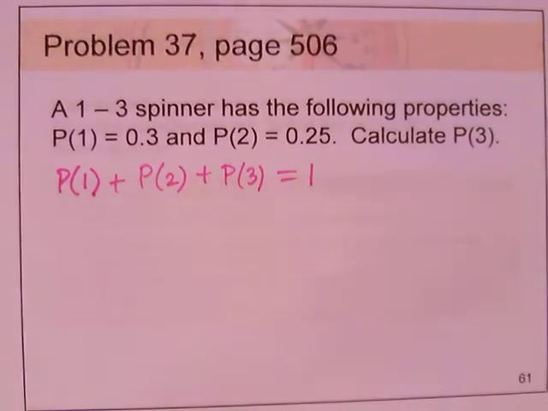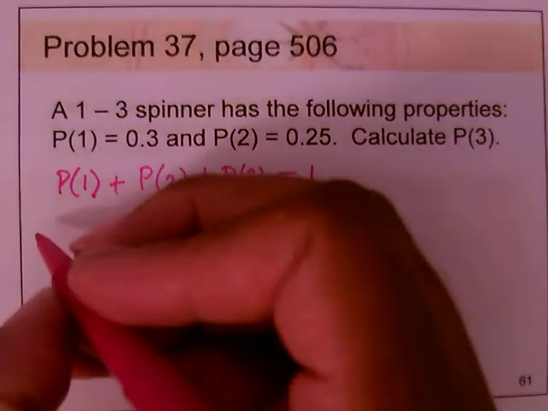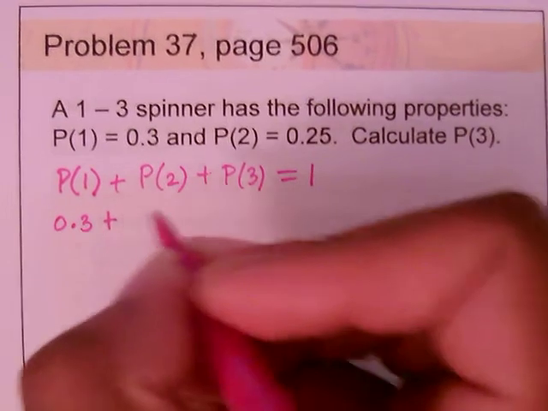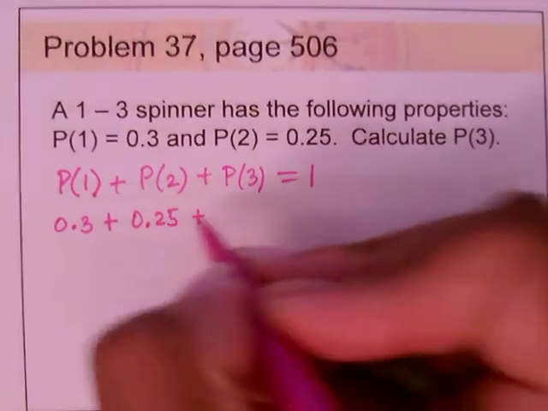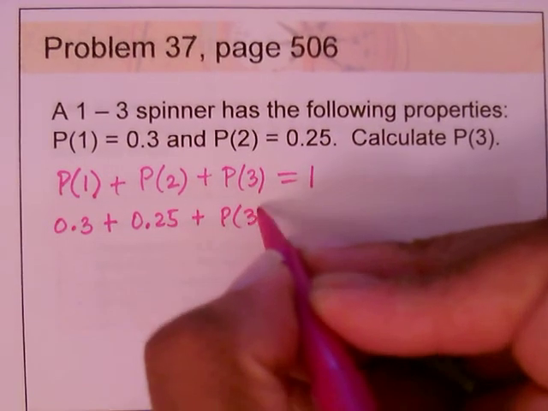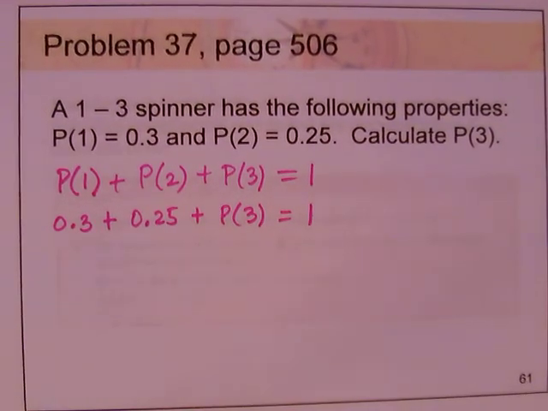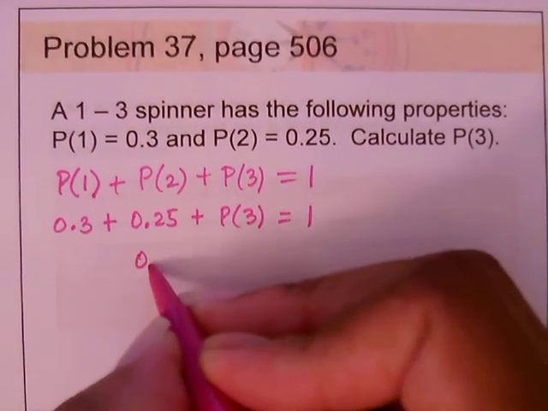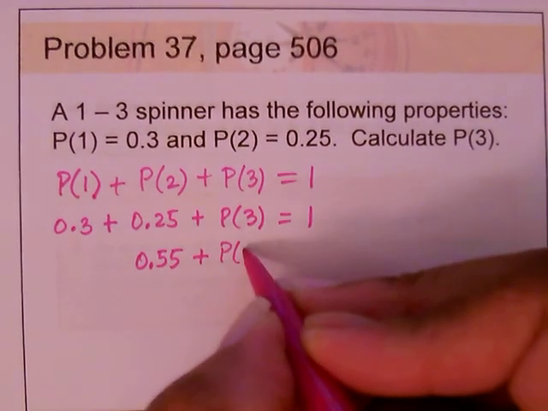I know the probability of event 1, that's 0.3, plus the probability of event 2, that's already 0.25, so I want the probability of event 3. And that sum has to be equal to 1. In this case, 0.3 and 0.25 added together will be 0.55. And then plus the probability of event 3 must be equal to 1.